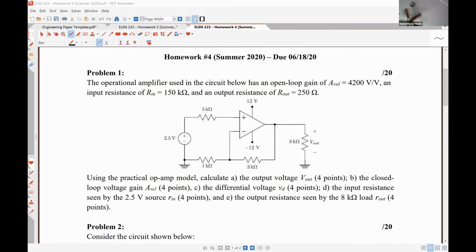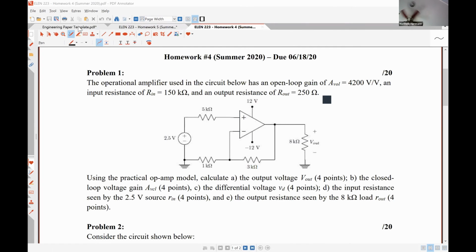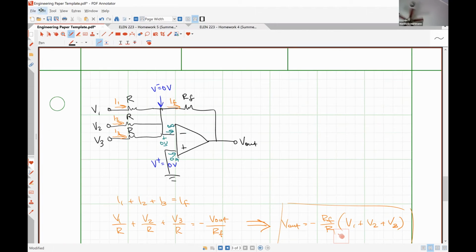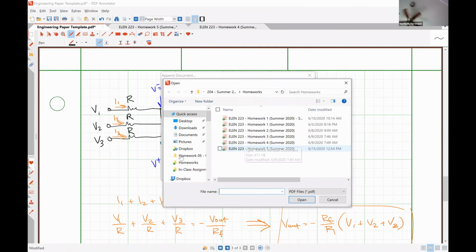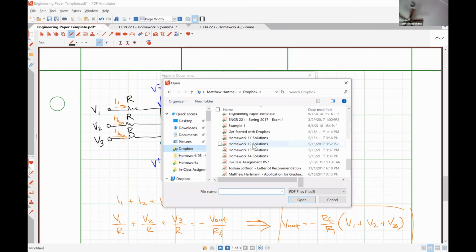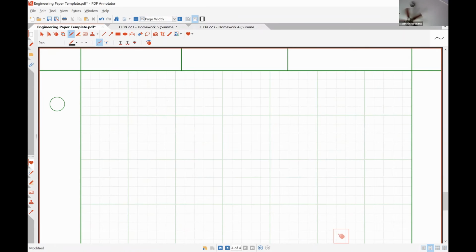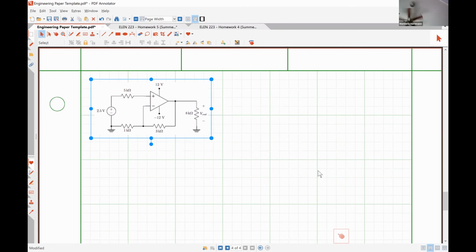Just a second, I'm trying to copy the image over. Let's go ahead and throw another page on here. All right, so we're using the practical op-amp model.